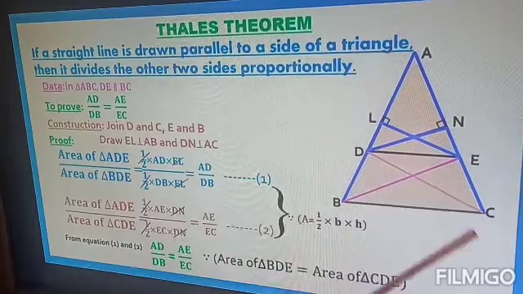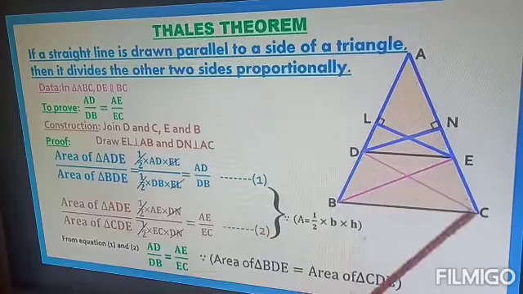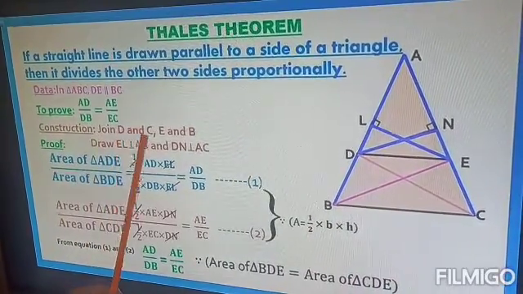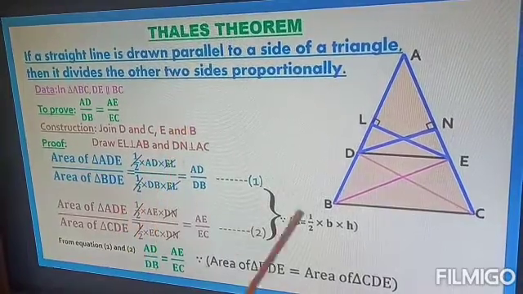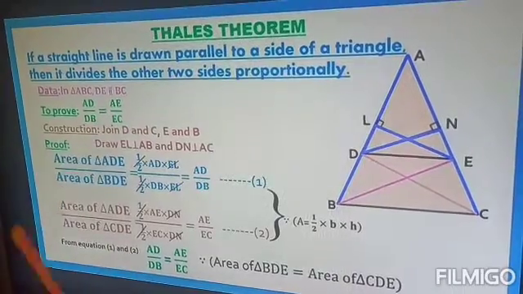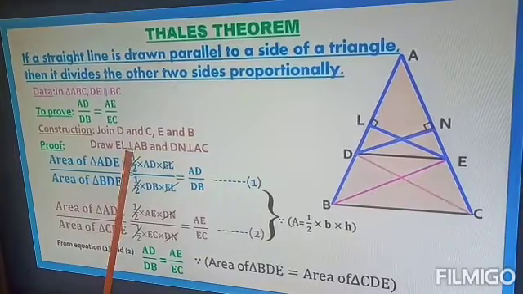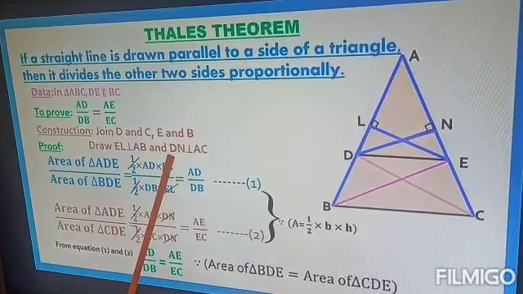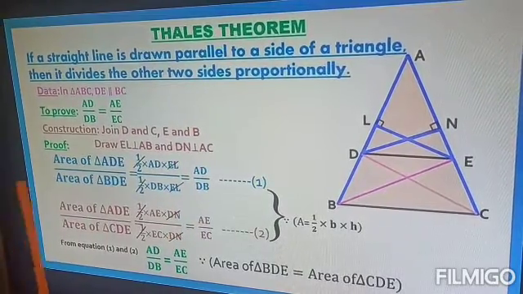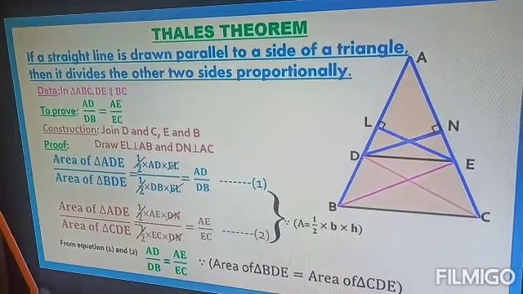DN is perpendicular to AC, EL is perpendicular to AB. Then join DC and BE. Join B and E, D and C. This is one point. Then draw perpendicular EL to AB and draw DN perpendicular to AC. Okay. After writing this construction, then we have to go to the proof.